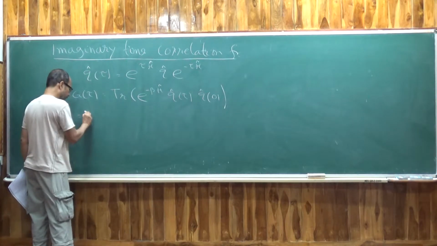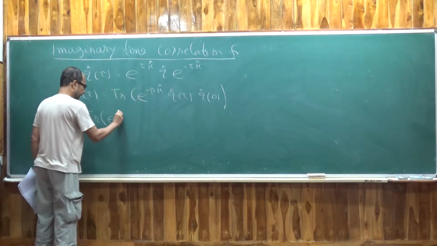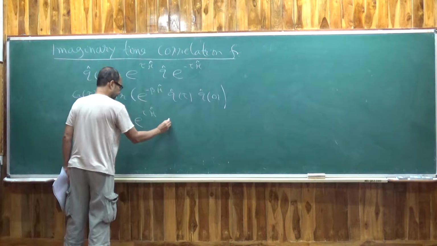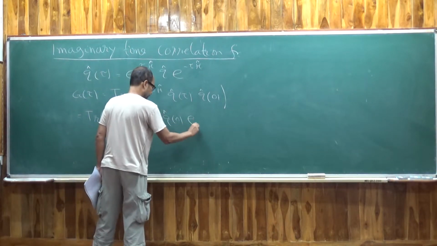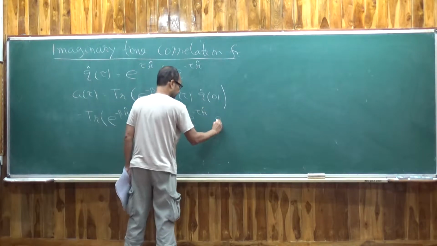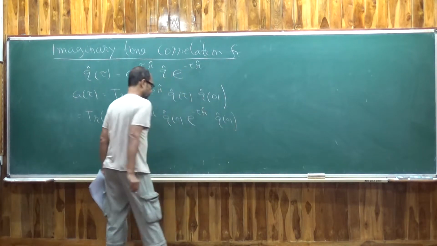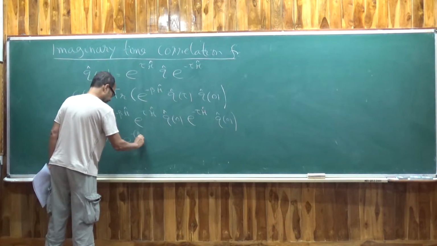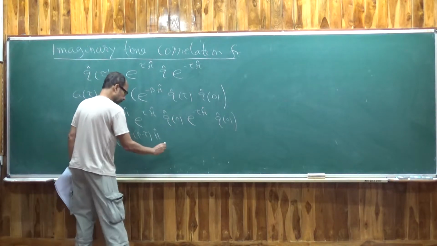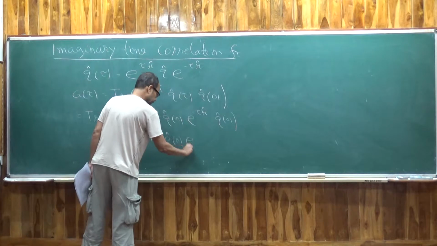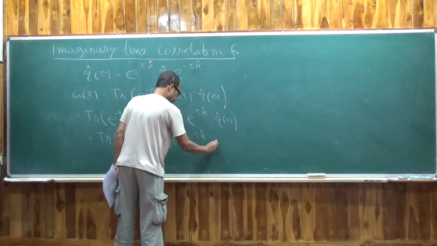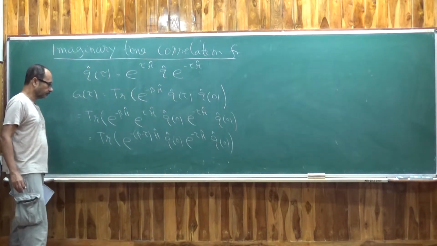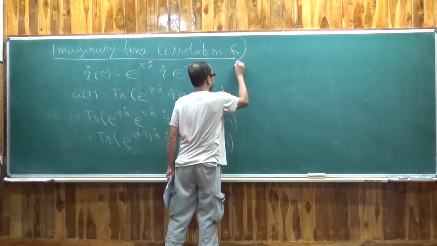So this I can expand out, trace e to the minus beta h hat e to the tau h hat q hat of 0. So one can easily find its path integral representation.